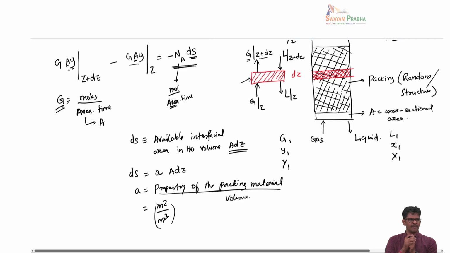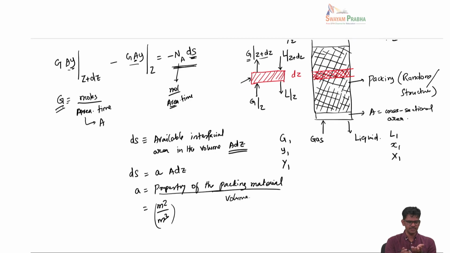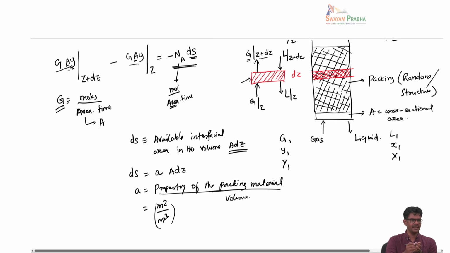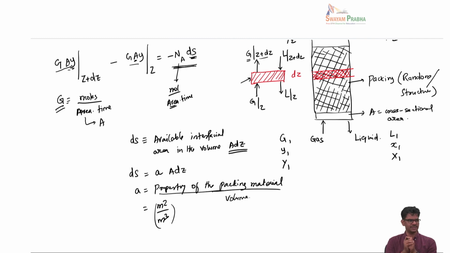We are talking about two different areas here. One area is the cross sectional area of the column in the absence of a packing. That area is used to define the molar flux of the fluids, gases and liquids. So when I write the mass balance, I write G A y so that I know how many moles of solute are going through this column at this particular section.